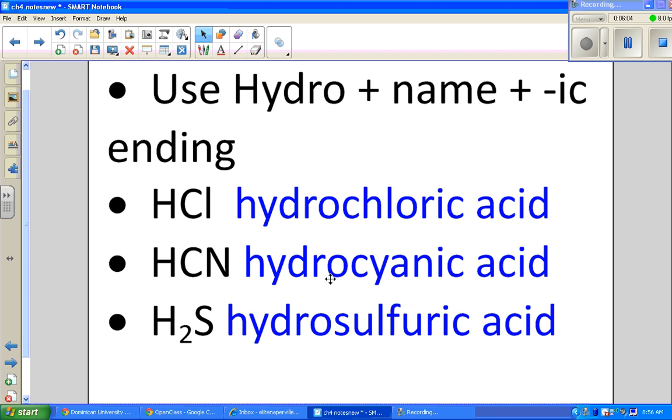H becomes hydro. CN is cyanide on the polyatomic chart, but it's not hydrocyanide acid, it's hydrocyanic. So the IDE is changed to IC. H is hydro, and S is sulfur. The 2 is ignored, it doesn't become part of the name, but it's not hydrosulfur acid, it's hydrosulfuric. So add IC.